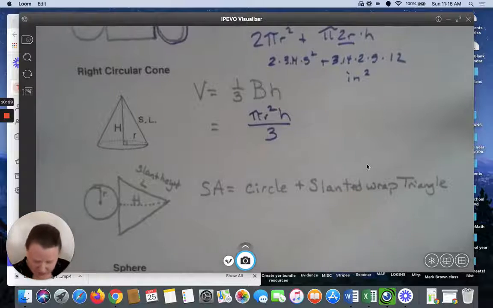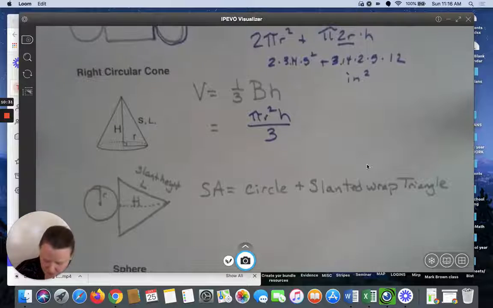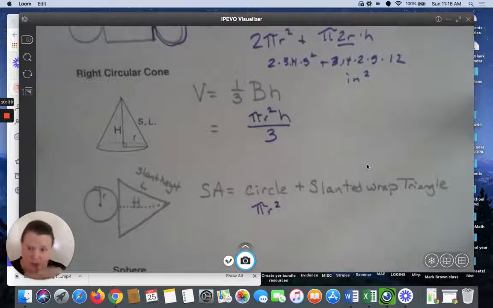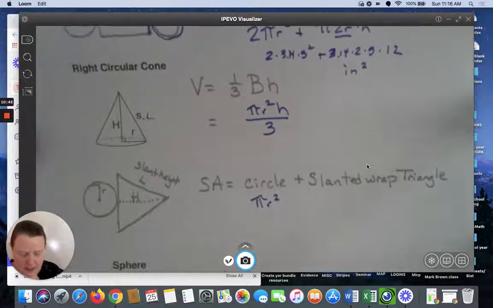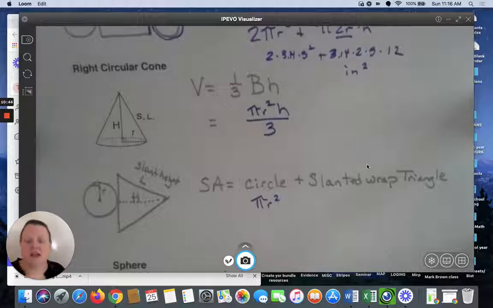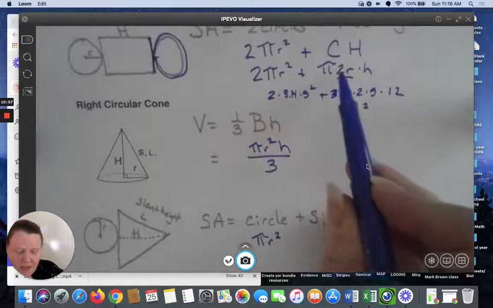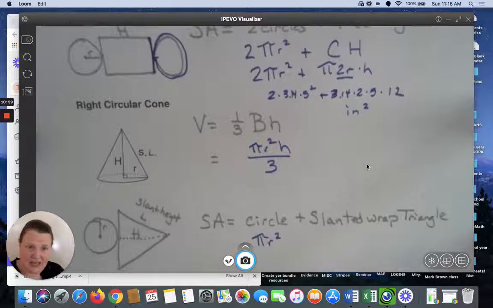And so when we look at that formula there, we are going to start with the circle, pi r squared, because that's the area formula for the circle. And then when we work on the next part, the formula for a triangle is 1/2 the base times the height. And so we know the base as part of the circumference. And so it gets a little tricky because our circumference formula up here, remember, was pi times 2 times r, but then we're taking half of it.